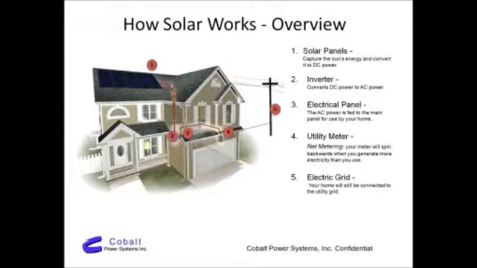And pretty much every day, typically, you'll generate more power than you need when the system is designed properly, and that will basically make up for the energy you buy at nighttime when there's no sunlight. And then, of course, 4 is your meter. Meter will spin backwards, and then it literally provides power to the grid and literally helps to power your neighbors' homes, but you get credit for it.